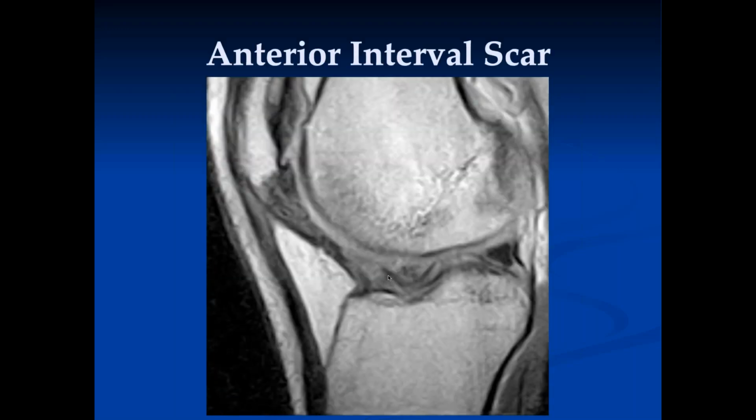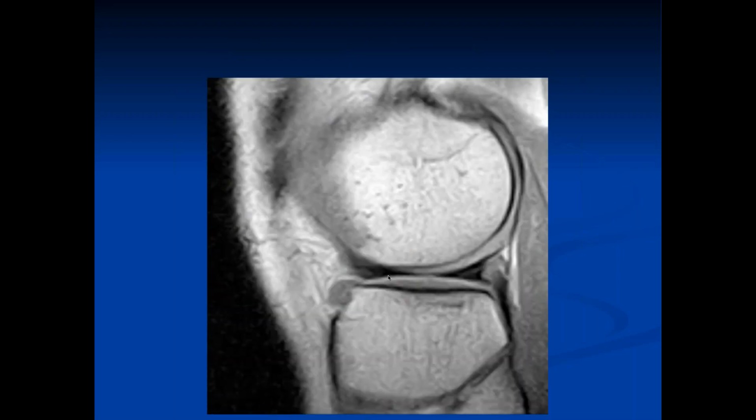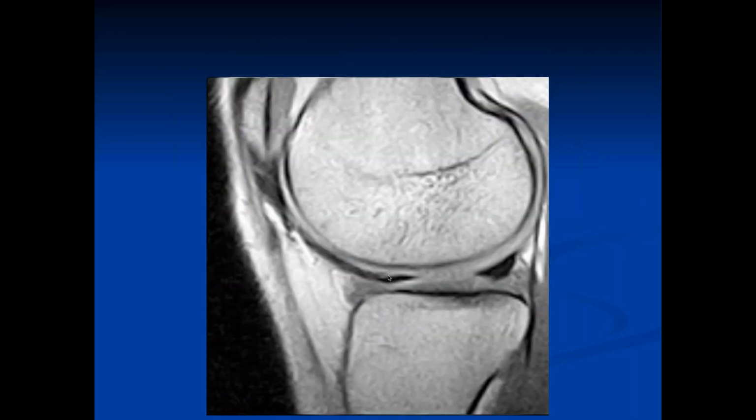Now, there is a surgeon by the name of Stedman who was a big proponent, saying that what happens when you get scar here, and it's usually after surgery, if it attaches to the anterior horn of the lateral meniscus, the normal lateral meniscus with flexion extension moves about a centimeter anterior to posteriorly. The medial meniscus doesn't move much at all.